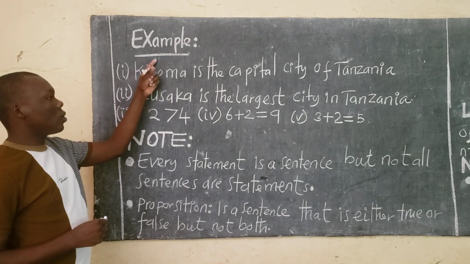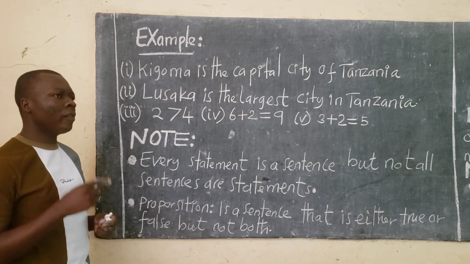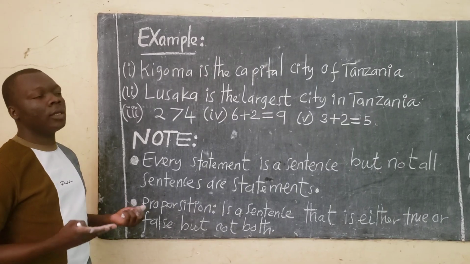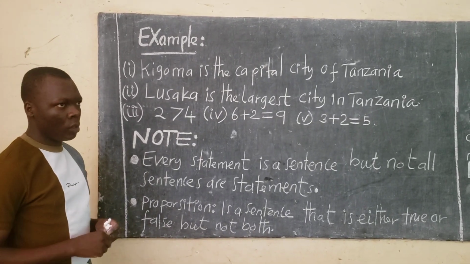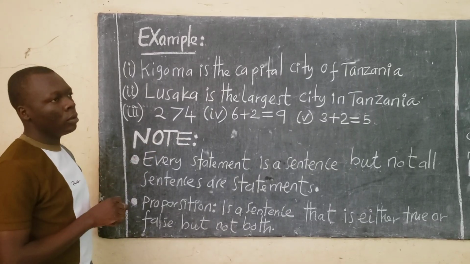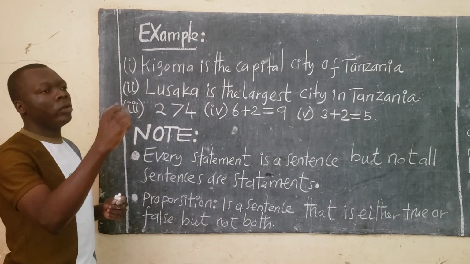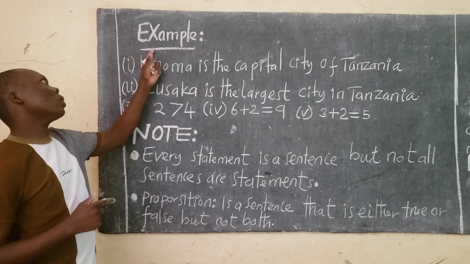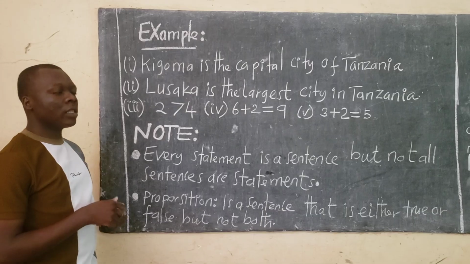Examples of the statement. We have seen that a statement is a group of words which can be judged to be true or false, but not both. So a statement can be only true, or it can be only false. Let us check the examples concerning the statement. Number one, Kigoma is the capital city of Tanzania.